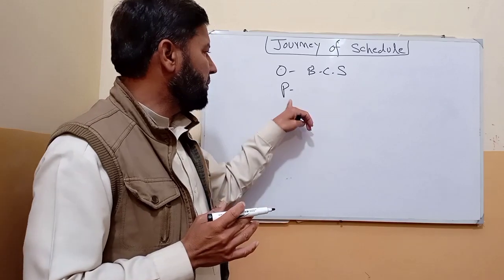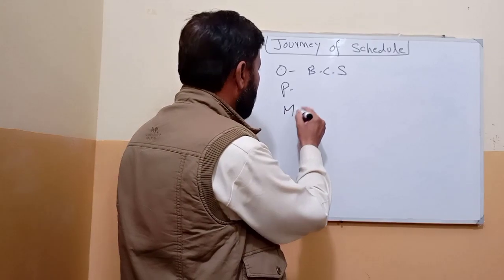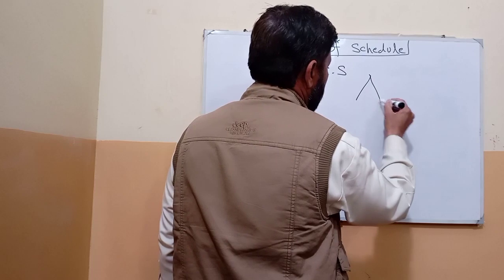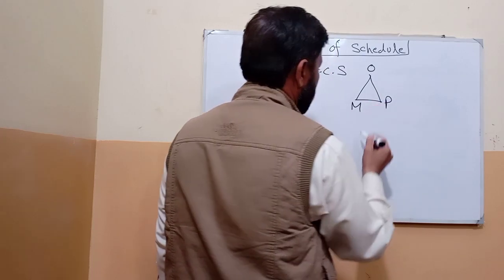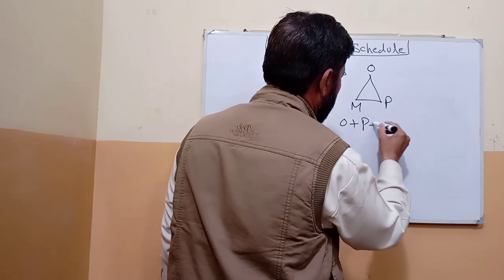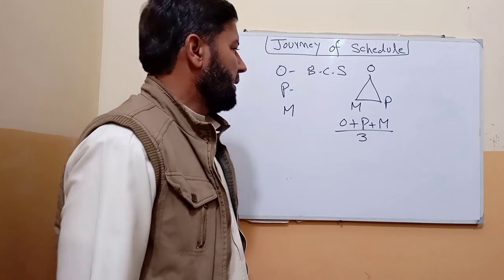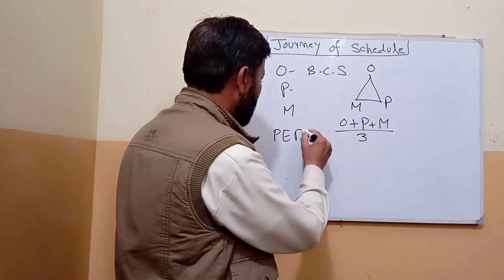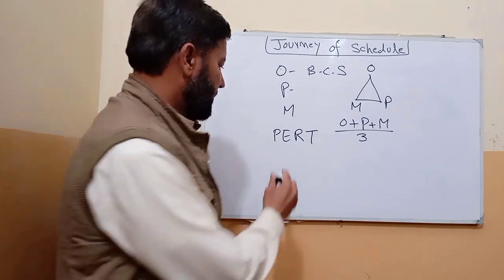Most likely is generally how much time it will take. For this purpose we use a triangle: optimistic plus pessimistic plus most likely, divided by 3. We get the average. Next we use PERT, program evaluation review technique, also called beta distribution.